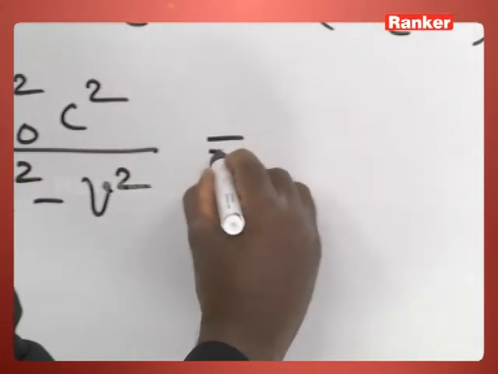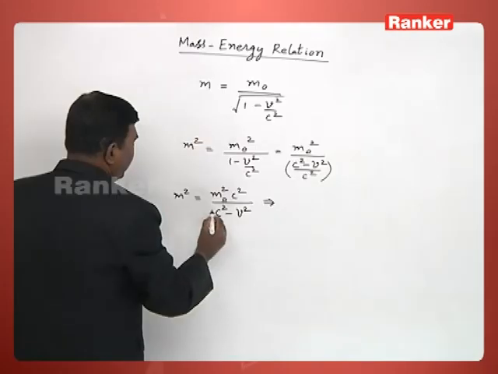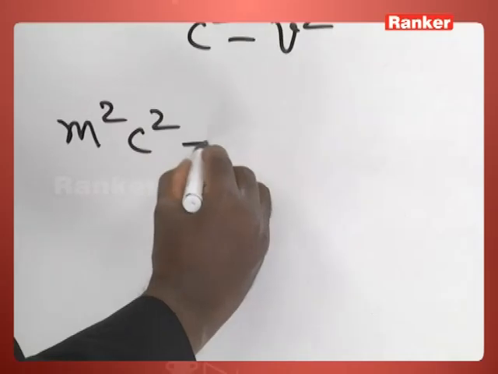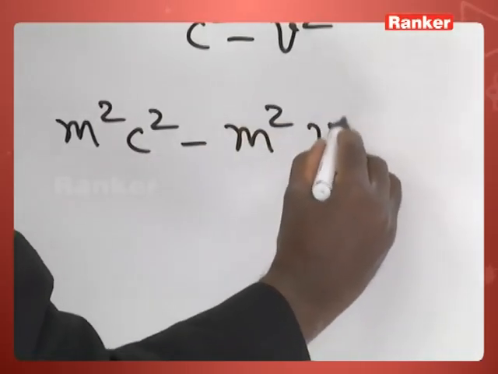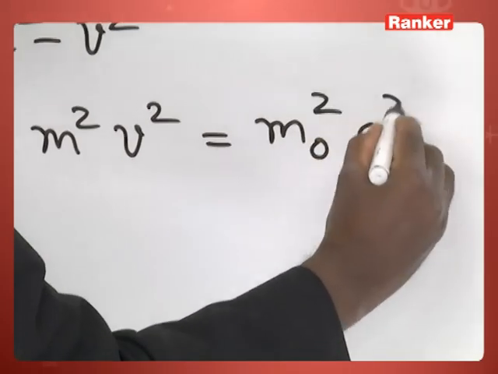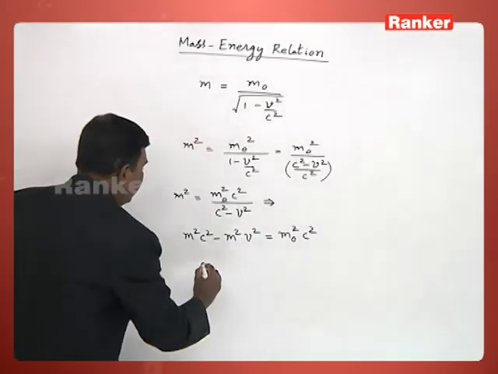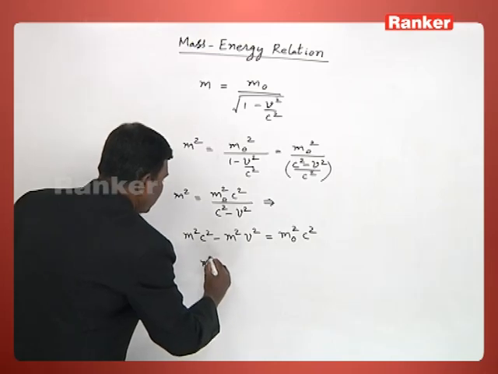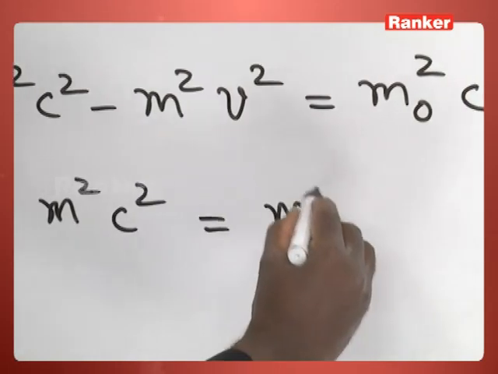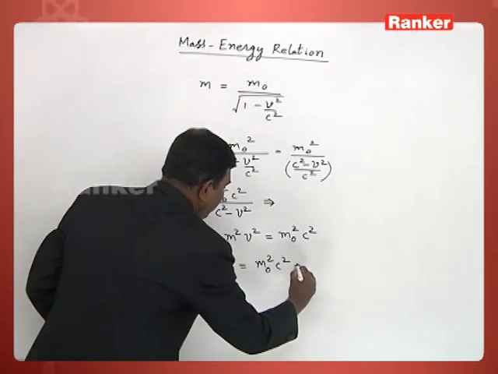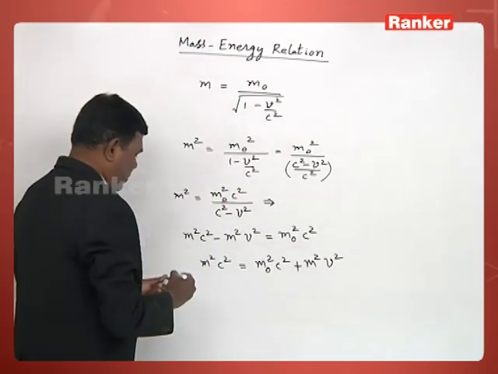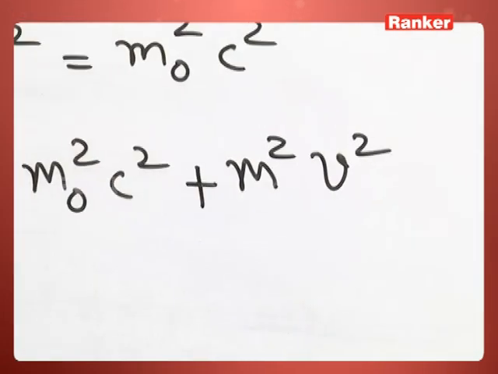Cross multiplying, that gives m square c square minus m square v square is equal to m naught square c square. Further, I can write an expression for m square c square, which is equal to m naught square c square plus m square v square. So that is the expression for m square c square.